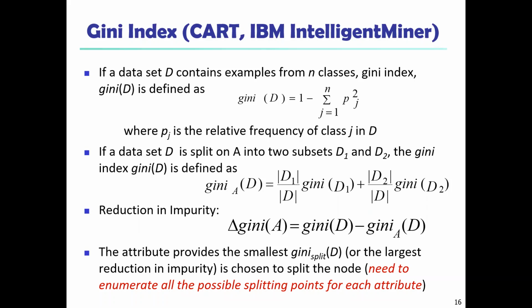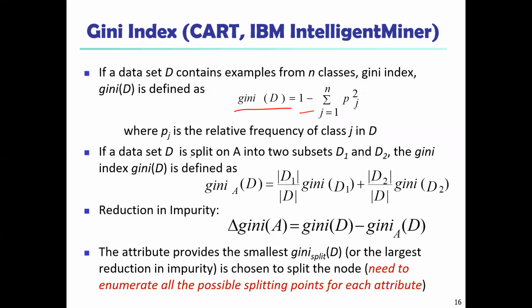If a data set D contains examples from n classes, Gini index is defined as Gini of D equals 1 minus summation of Pj squared, j is 1 to n. Here P is a probability, where Pj is the relative frequency of class j in dataset D, estimated by the count of class Cj divided by mod D, which you already know.